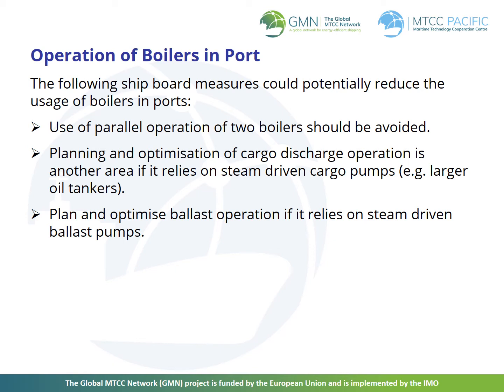In many ships, the ballast pumps are now electricity-driven, or a mix of steam and electric drives are used for this purpose. In some ships, such as oil tankers, auxiliary boilers may be used for inert gas generation or IGG. The whole process of generating inert gas and its use can be part of optimization. As for inert gas generation, the boiler would normally run at a very low load. Normally a dedicated IGG system is used to avoid use of the large boilers.